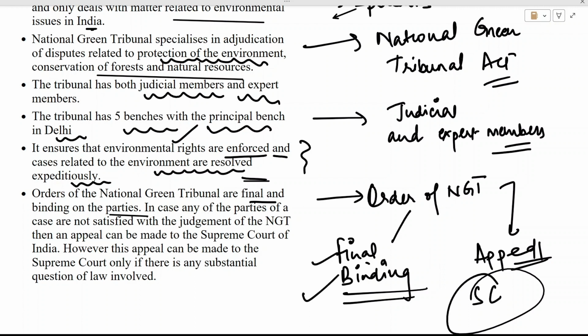Again, this appeal, just like in the ITAT, I told you that there has to be a substantial question of law. Only if you feel that there is something wrong about the application of law, about the interpretation of law, where a substantial question of law is involved, then you go to the Supreme Court and appeal. Otherwise, the order of the NGT is final and binding. So this is all about tribunals as quasi-judicial bodies, the NGT and the ITAT.